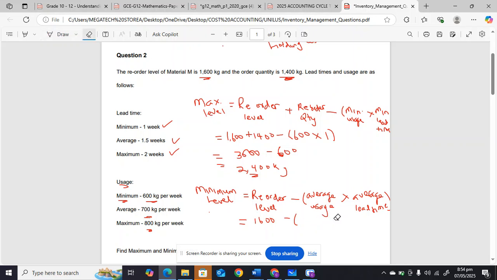Average usage is 700 kg. Then the average lead time is 1.5 weeks.